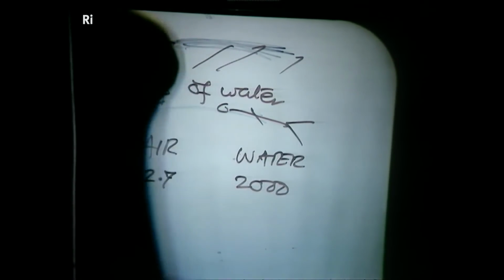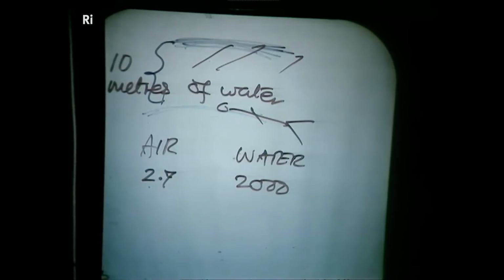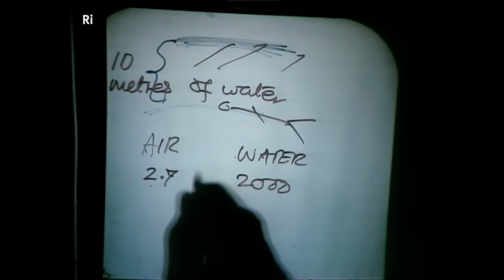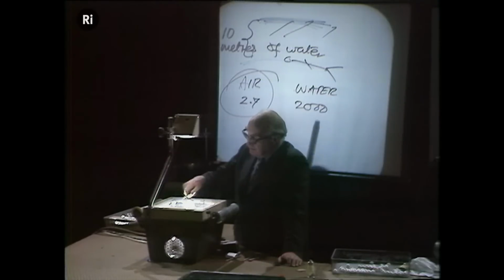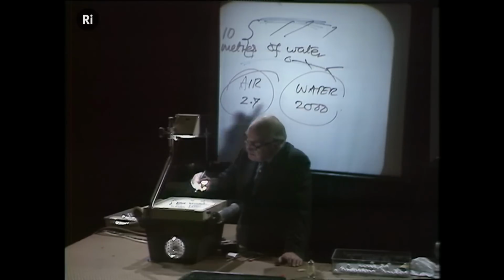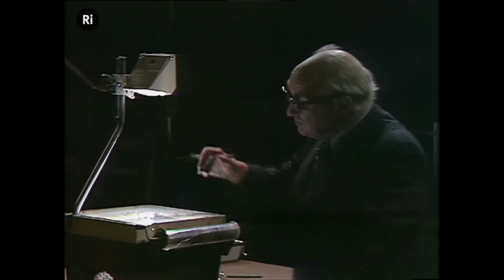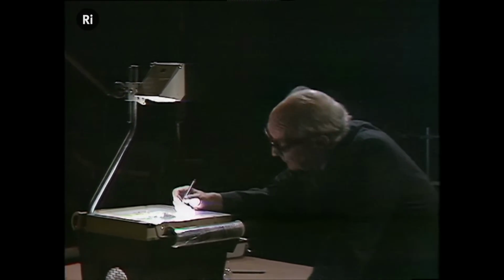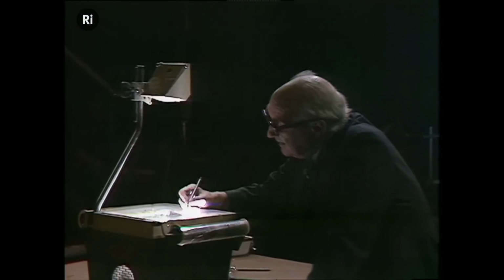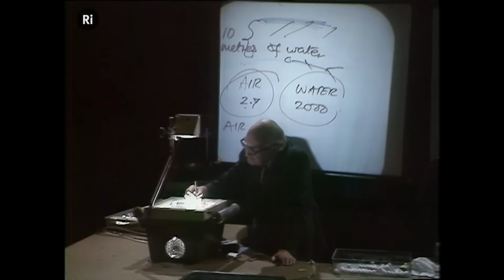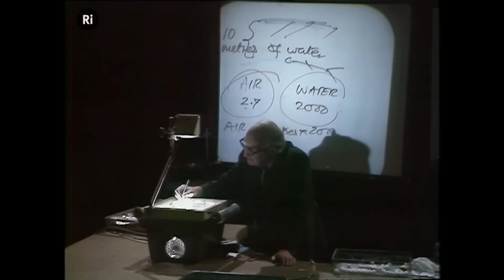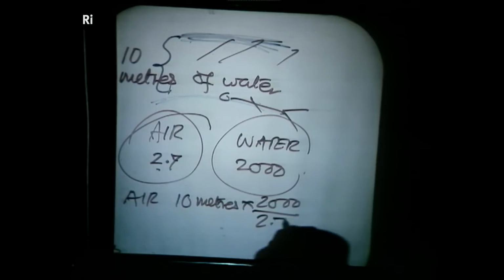So 10 meters for the water barometer has to be increased for an air barometer in the proportion of 2,000 to 2.7. And so for air, as thick as the air here all the way up, it doesn't really do that, it gets thinner and thinner, but we'll take it all the way up the same, will be 10 meters multiplied by 2,000 over 2.7.